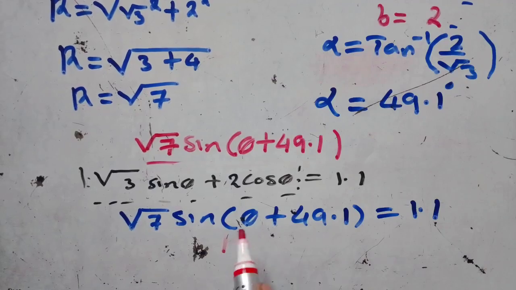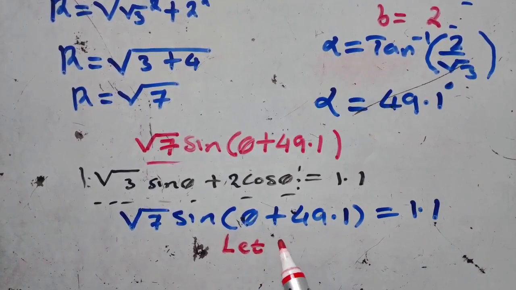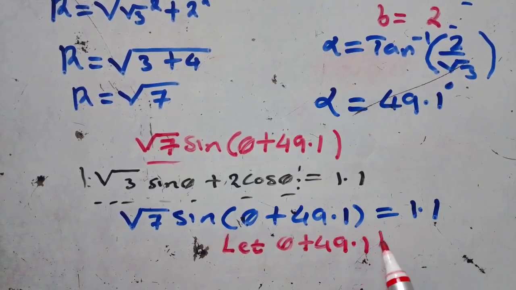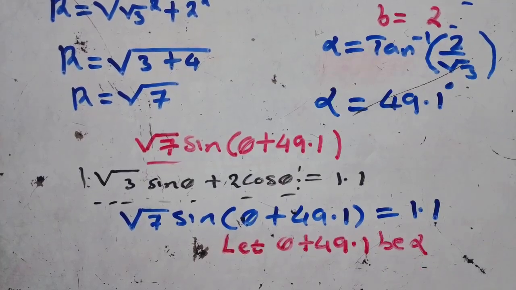Let theta plus 49.1 be acute. We just let what is inside be our acute, so that we easily solve this. So this is equal to acute.